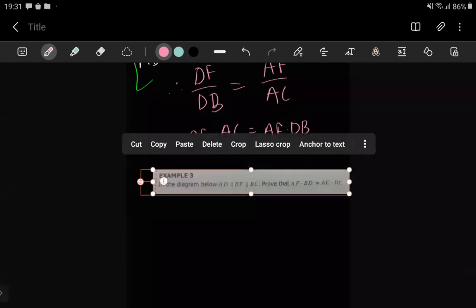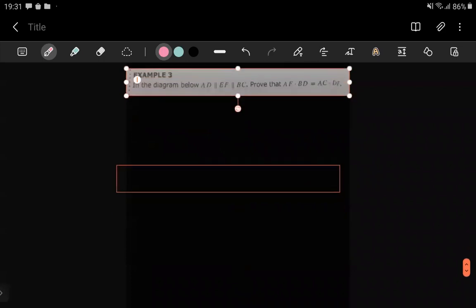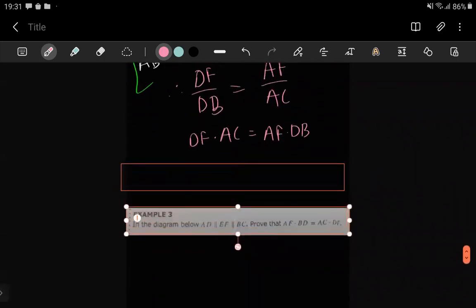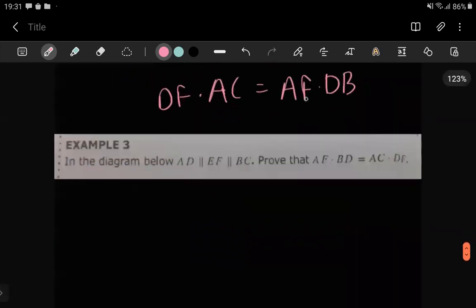It's maybe mixed around, but it's still the same lines. We can already see that there is AF and BD, and on our side there's AF here, and BD is the same, just swapped around. And then here we have AC, and here we have DF.